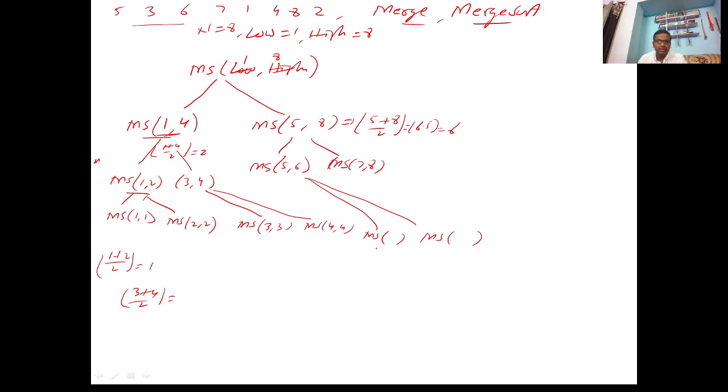The value of mid for 5 and 6, (5 plus 6) upon 2, its floor value will be equal to 5. So it will be 5 and 5 and 6 and 6. Again, this one will end at 7 and 7 and 8 and 8.